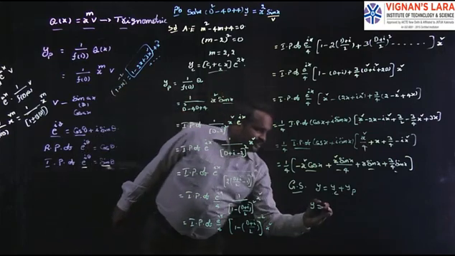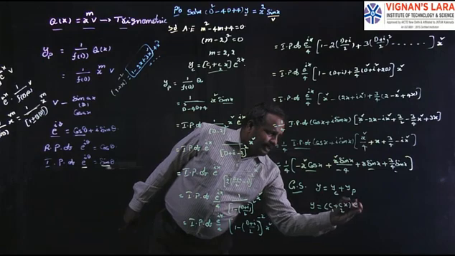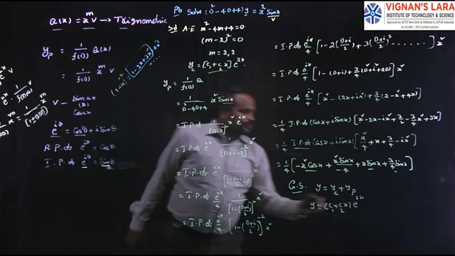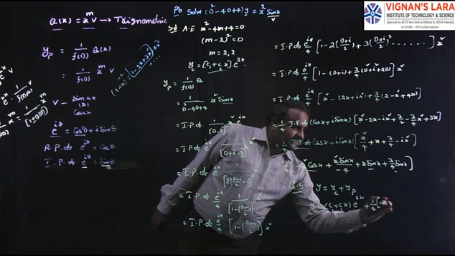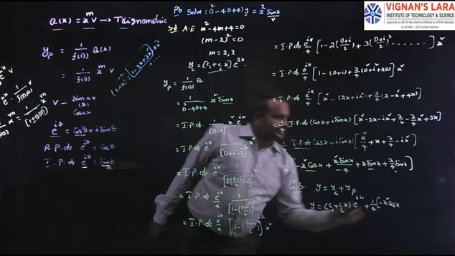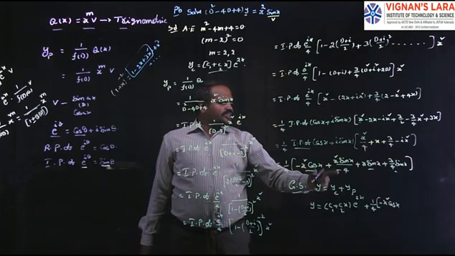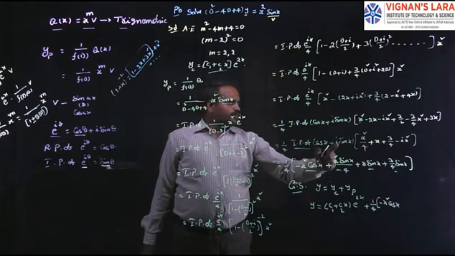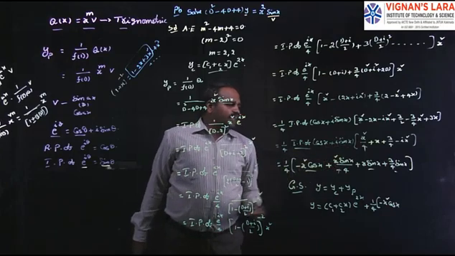This is yc: C1 plus C2x into e power 2x, plus yp value, plus 1 by 4 into minus x square cos x, and here x square sin x. So this one is plus, because of sin x into x square by 4, x square sin x.